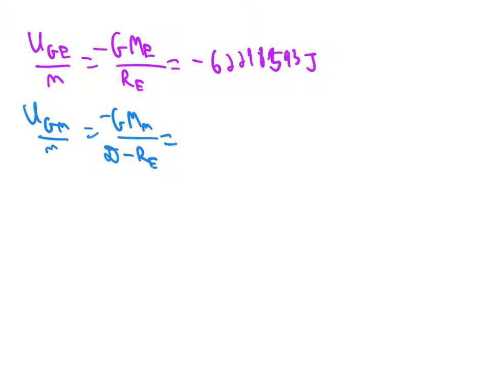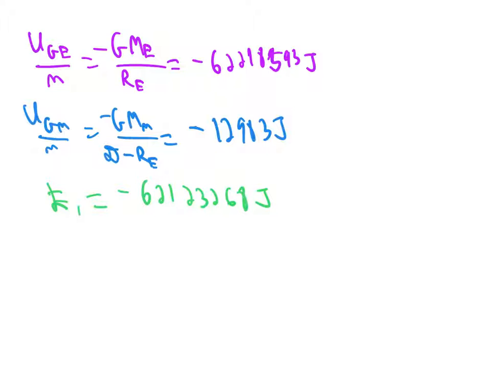We end up with minus 12,983 joules, giving us a total energy in case 1 equal to minus 621,23268 joules. I'm carrying ludicrous precision, but I don't think it'll matter in the end, so we'll find out.